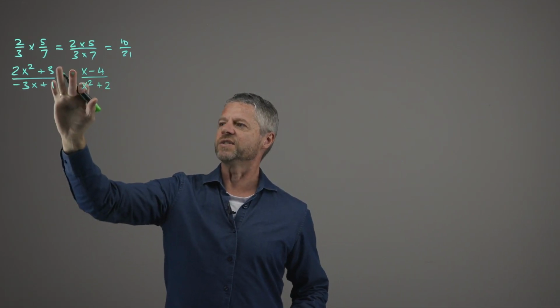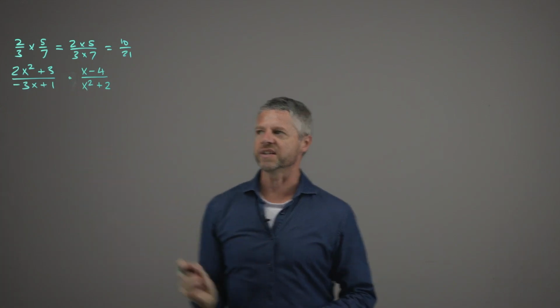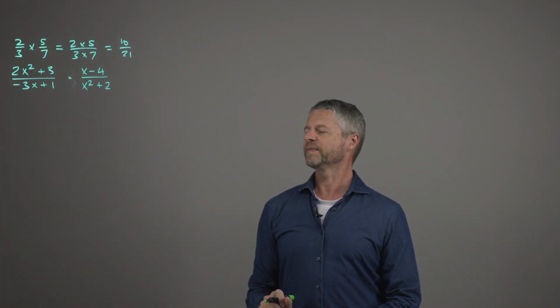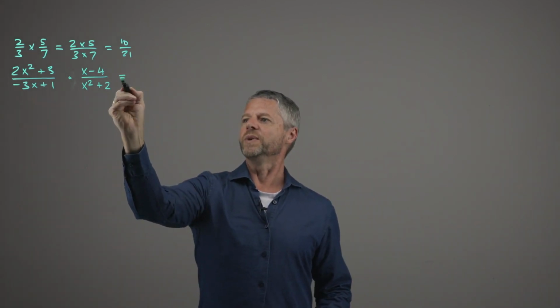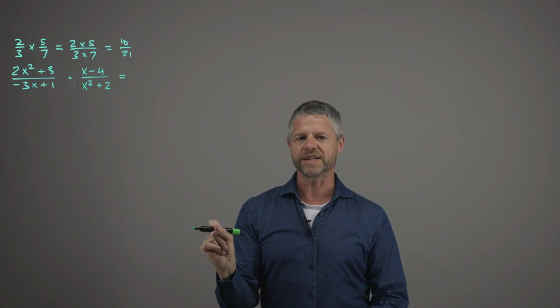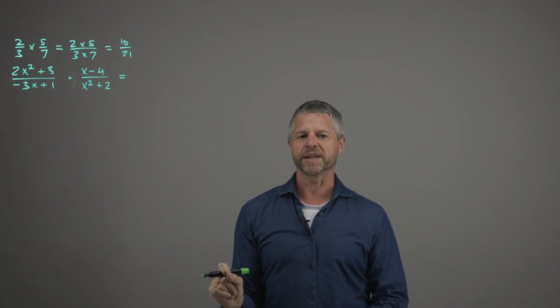I'll actually use a dot here to signify multiplication so it doesn't get mixed up with the x's. And so all we do is same thing as we did with fractions. Multiply the numerators and then multiply the denominators.